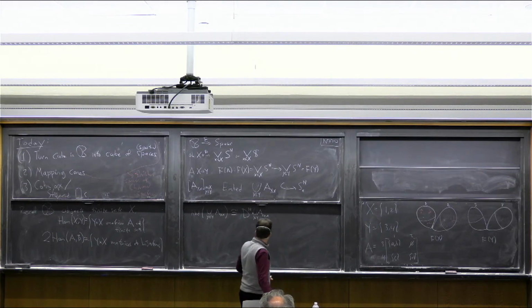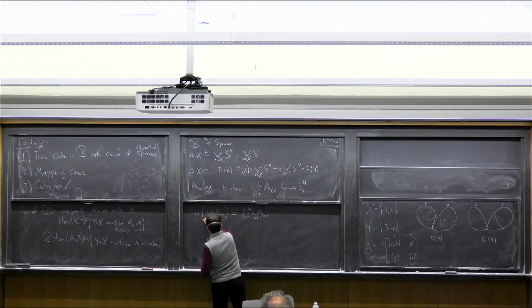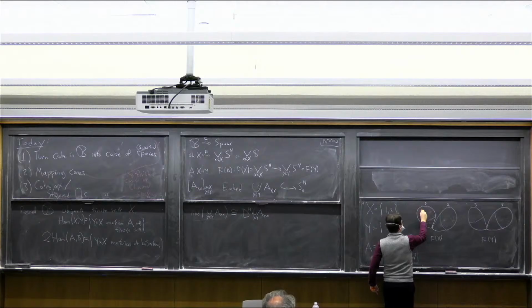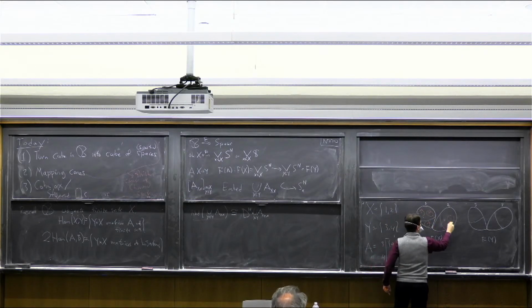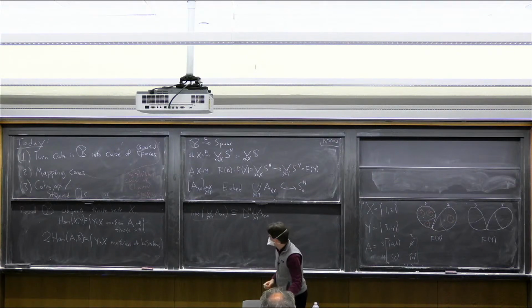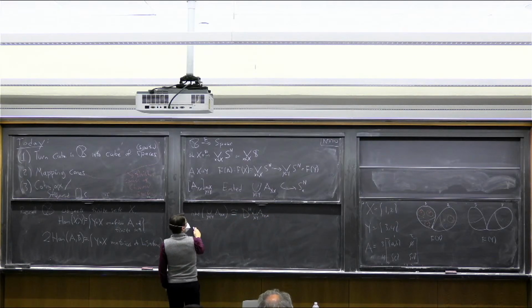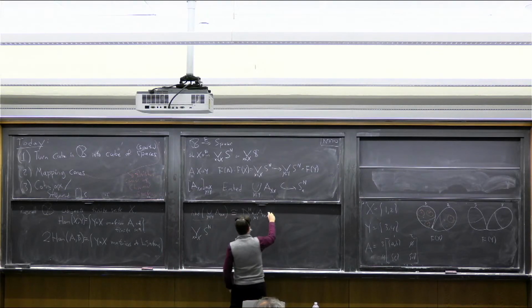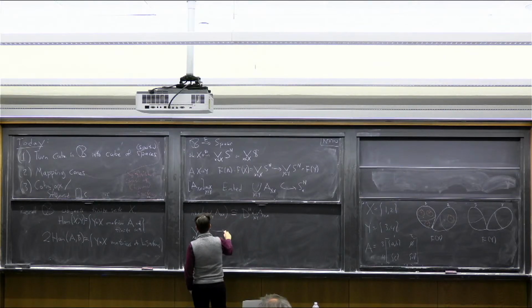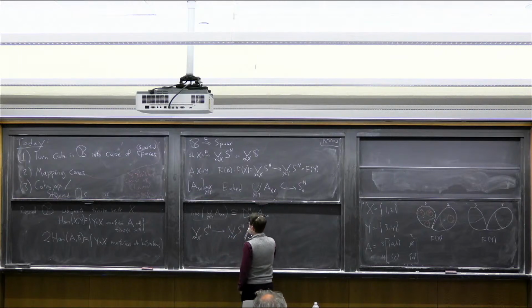So let's draw a neighborhood in some color. How about orange? So here's a neighborhood. So I can now map the wedge sum over x in X of Sn. How to do this first. Let's consider the wedge sum over x in X of Sn mod the complement of this neighborhood.